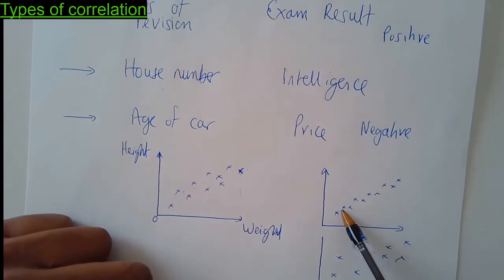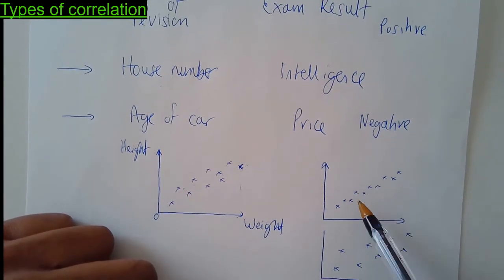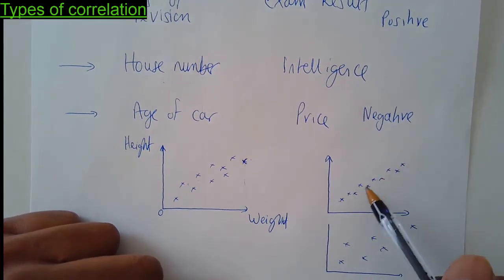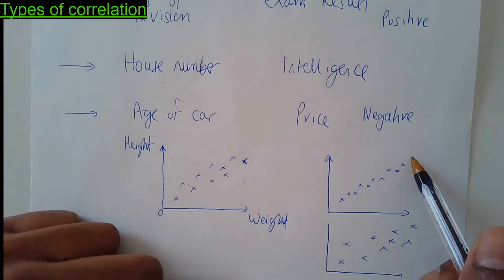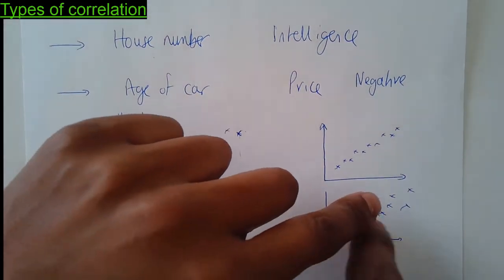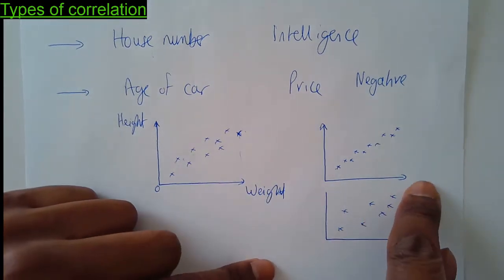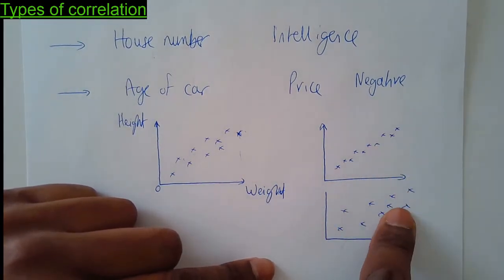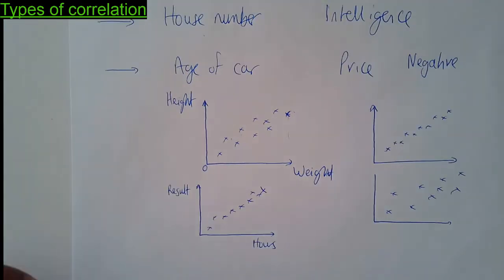But what we call, they're both positive correlations, but what we say is that this one is a strong association or a strong positive correlation. Whereas this one, the crosses are scattered, slightly scattered, but still going uphill. We call it a weak positive correlation. So strong and weak.